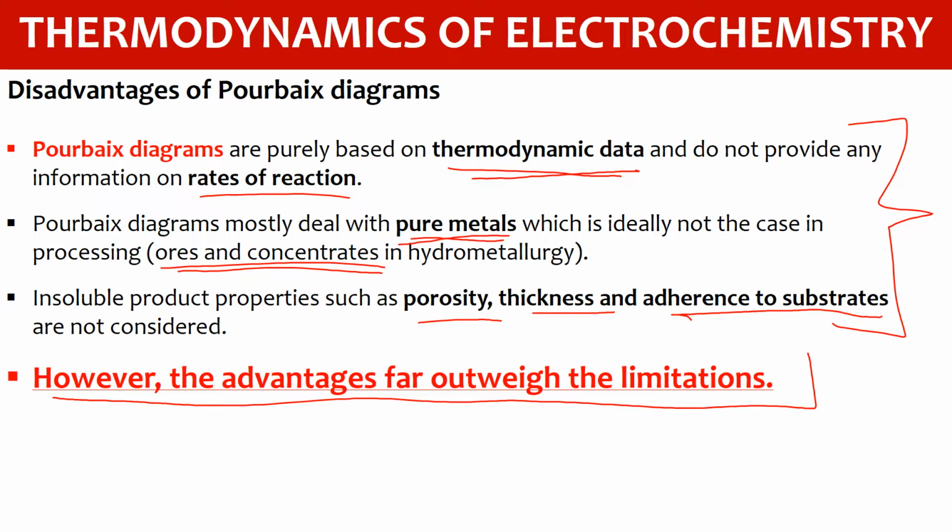When you have done that, you can move on to other aspects, such as your rate of reaction, the porosity, thickness, or whatever other properties you might need to look at. But you have a proper, concrete starting point for designing your hydrometallurgical processes, especially your leaching processes, using your Pourbaix diagrams.